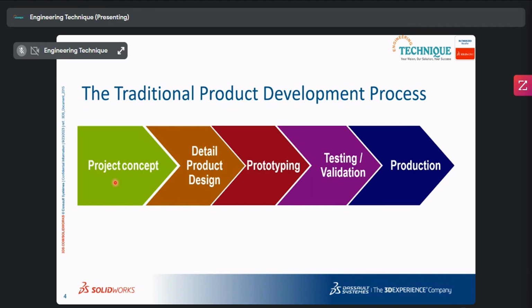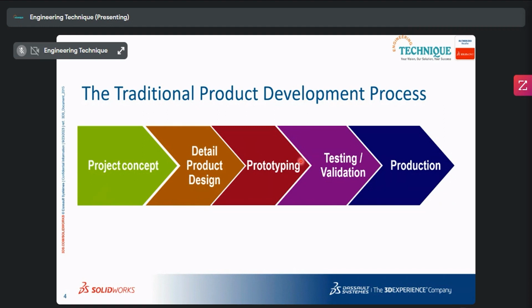Now the product development starts with a product concept, that is the idea, which is converted into the product design on paper. Now as the product design is finished, the product is transformed into a physical product by various manufacturing processes, that is called a prototype.